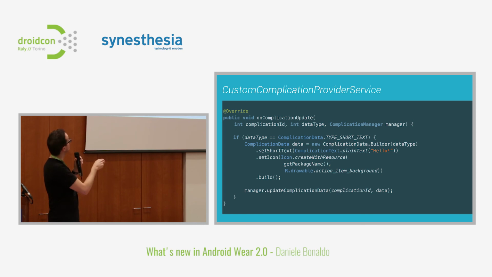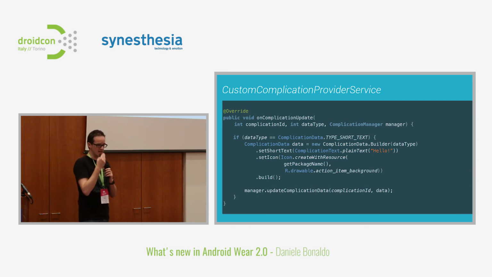And depending on that one, we are adding the main requested type, which is short text, but we can also add some optional one. For example, an icon. The watch face can decide independently if it wants to show also the icon, but it must show the short text, which is the needed data for this complication type. And then the complication manager is notified that it's time to send a new updated data.